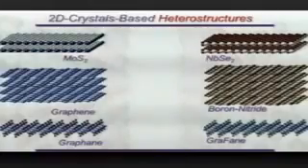And how we do it: I said that we can exfoliate many different crystals. We can exfoliate graphite, boron nitride, molybdenum selenide, molybdenum sulfide, and so on. But now, if we have those individual two-dimensional crystals, why not try to put them together in some random order?